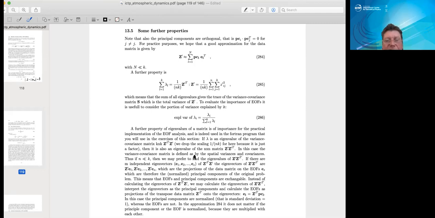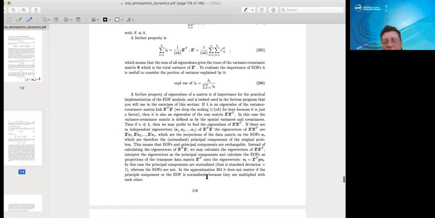And that is, instead of solving the original problem, which led us to a K times K matrix, you can solve the transpose problem, which leads us to an N times N matrix. So if it turns out that our time dimension is much smaller than our spatial dimension, it's convenient to solve the transpose problem, which has exactly the same solution.